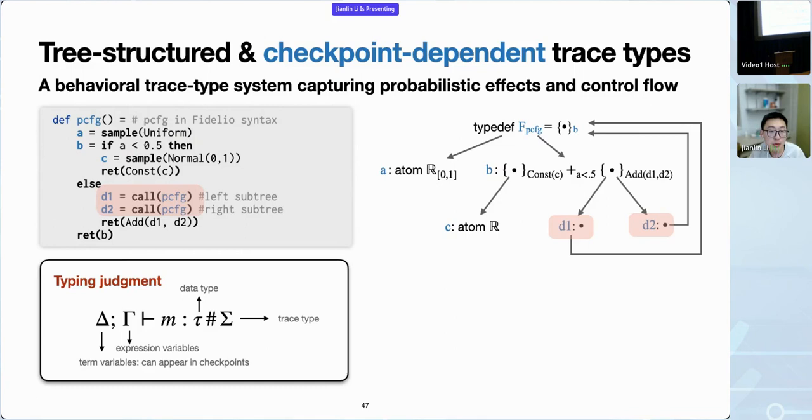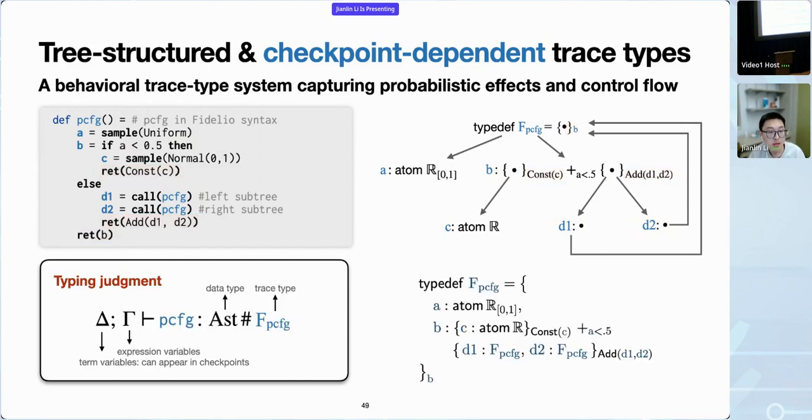These two recursive function calls make FPCFG a recursive type definition. Having these checkpoints in trace types allows trace types to express control flow decisions. Trace types can be automatically inferred in a syntax-directed way like this. And this is how the type definition of FPCFG looks on paper.